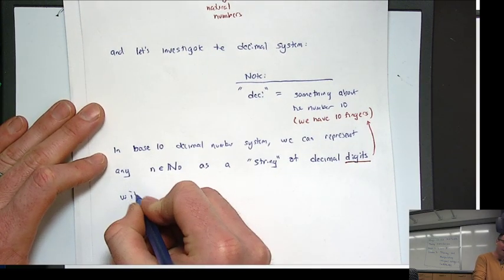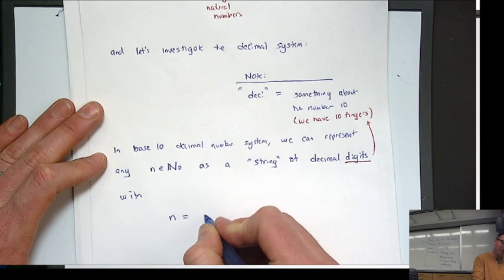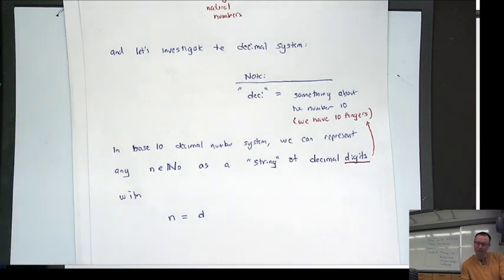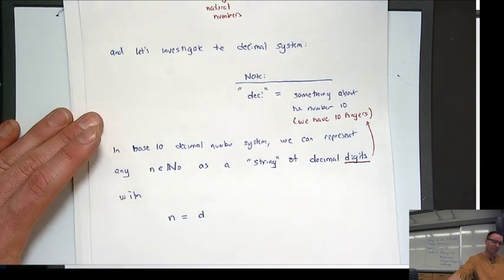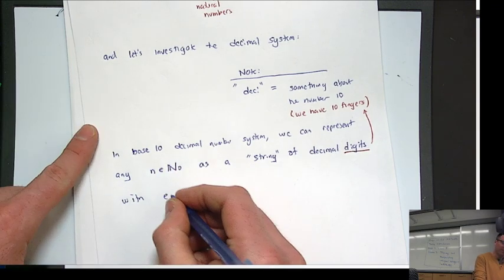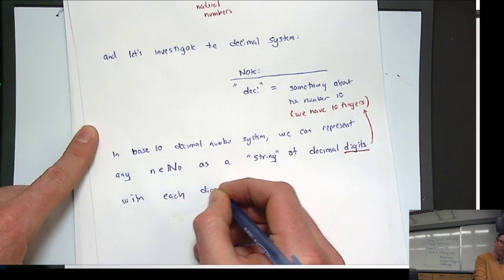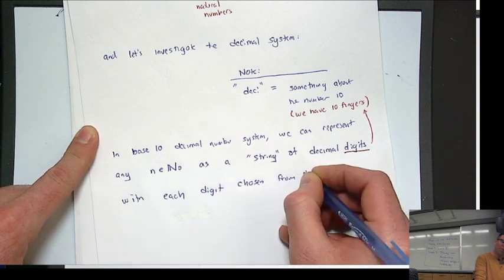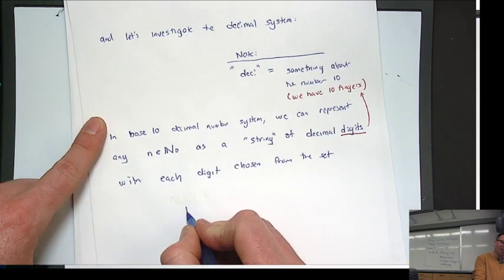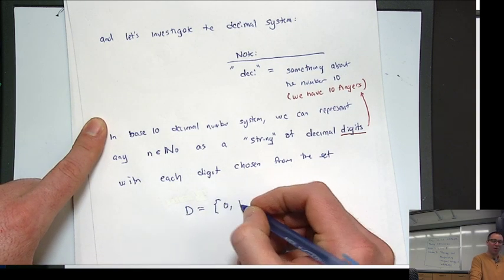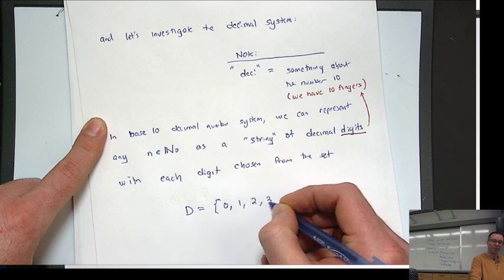So we're going to say with n, with each digit chosen from the set, I like to call this set D. I am currently in the market for better notation.